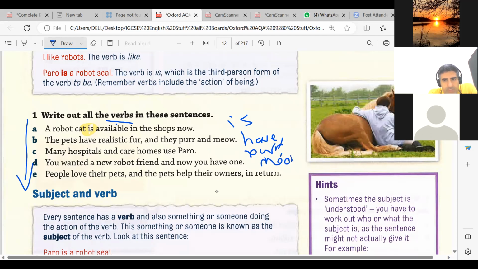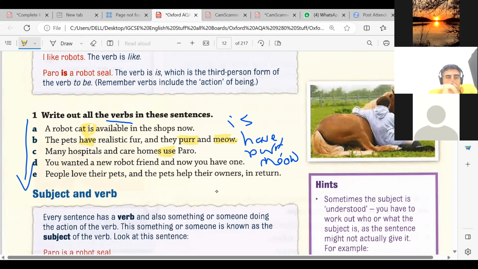Yes, perfect. Pair. And what about number three? Not care, use. Sorry, use. Perfect. Only use.